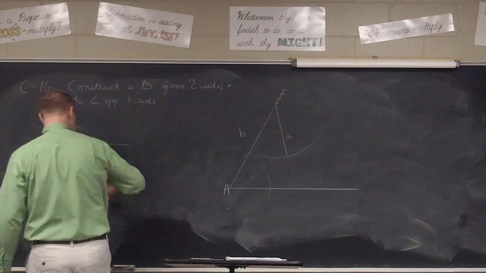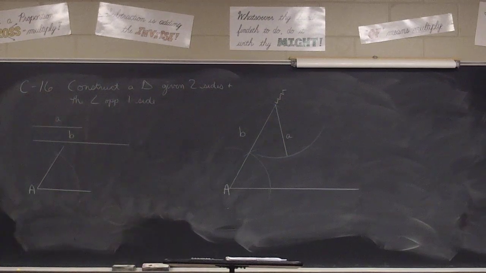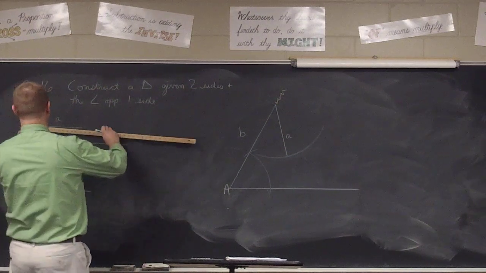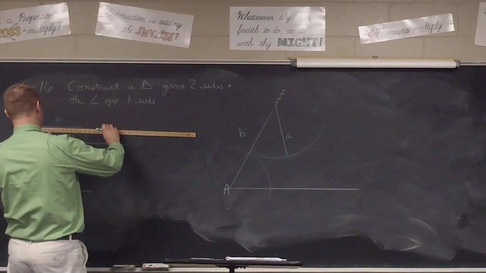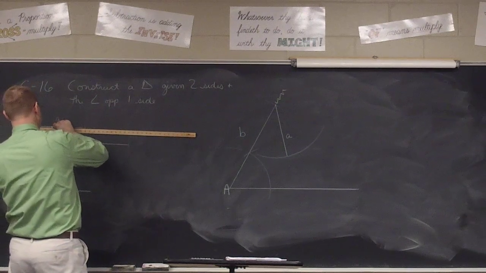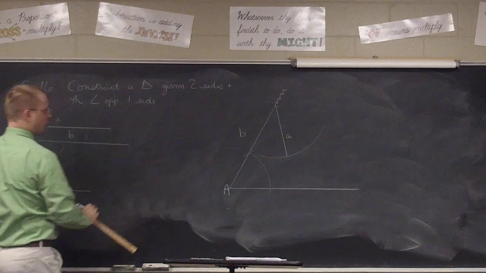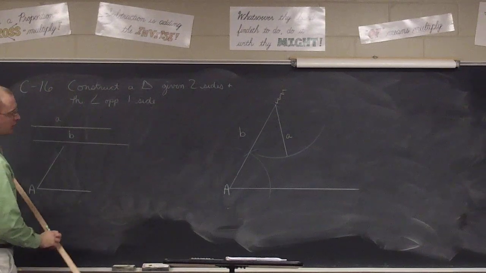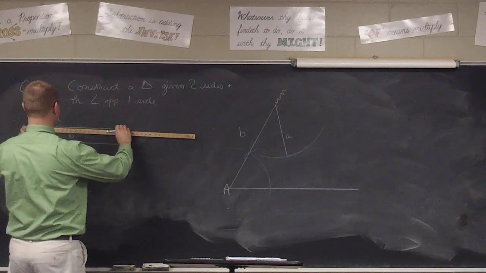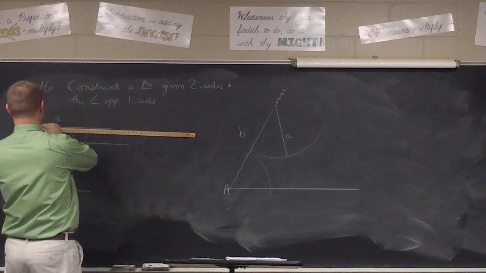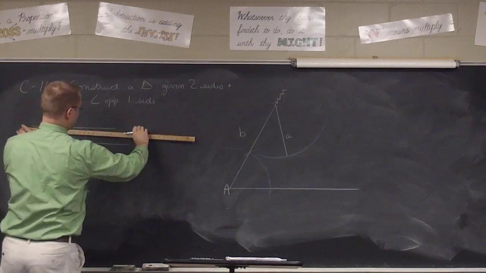Let's make our side A a little bit bigger. Because my side A just wasn't long enough, right? So let's make, not you, Quentin, but let's the rest of us make our side A a little bit bigger. Okay, maybe that'll work better. There we go.